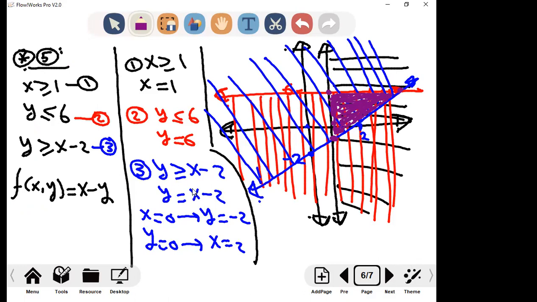Now, this first point, between which two lines is it intersected? The red one and the black one, right? Not 6 and 1. It's x and y, it is x and y. Okay?